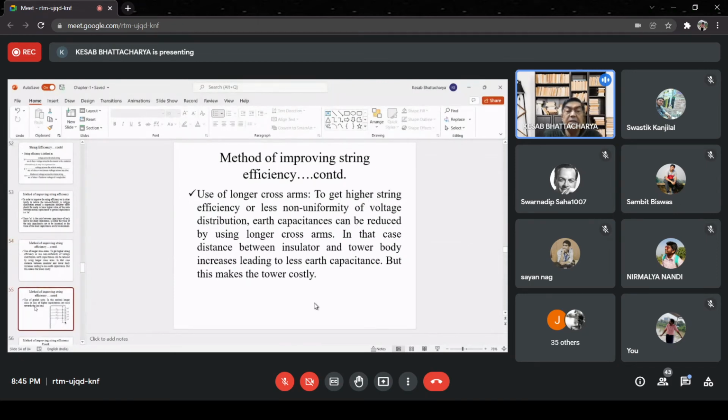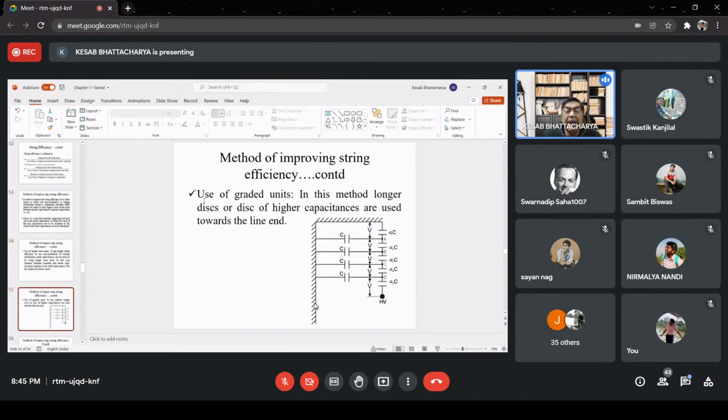The next method is use of graded units. In this method, longer discs or discs of higher capacitances are used towards the line end. Why? Why are longer discs or discs with higher capacitances used towards the line end?